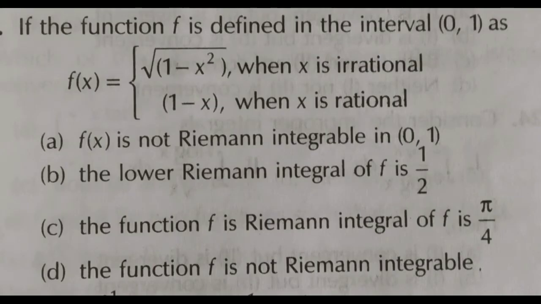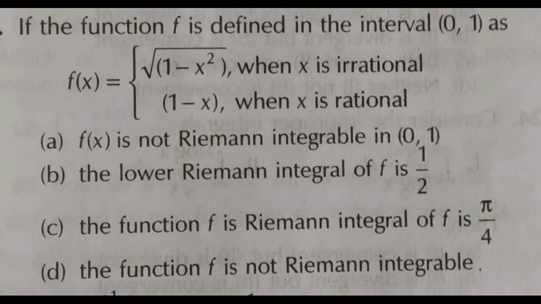If the function f is defined in the open interval (0, 1) as f(x) equal to root of 1 minus x square when x is irrational, and 1 minus x when x is rational, then option A: f(x) is R integrable in (0, 1).